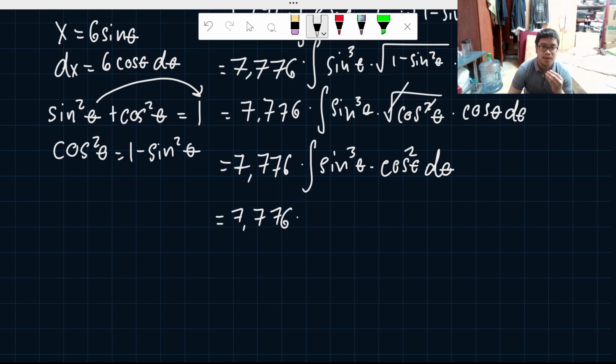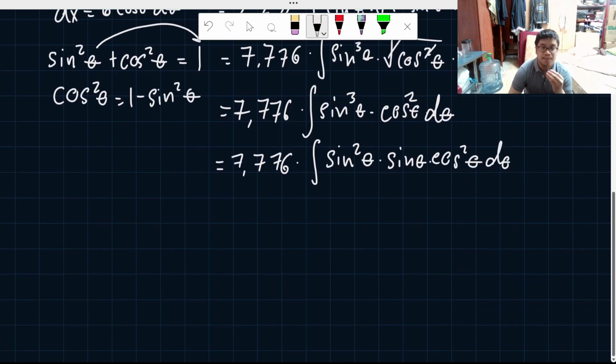So basically, I can rewrite sine cubed of theta as sine squared theta times sine theta, times cosine squared theta.